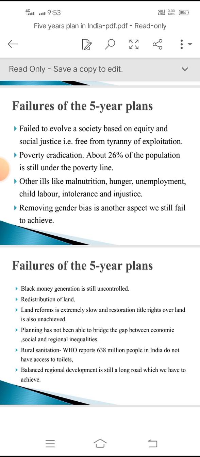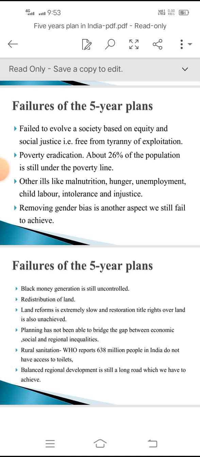So these are the open loopholes that multimillionaires utilize, exploiting the public from all points of view. Removing gender bias and other aspects also failed to be achieved. So these are other reasons for the failure of the 5 year plans.